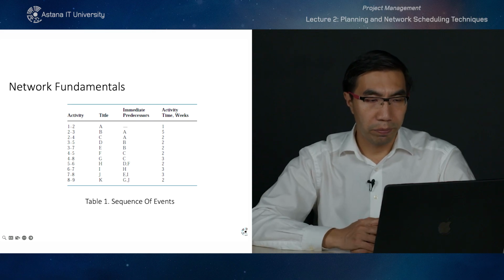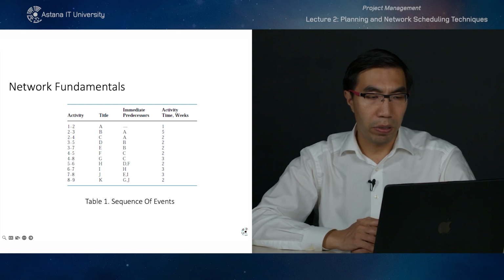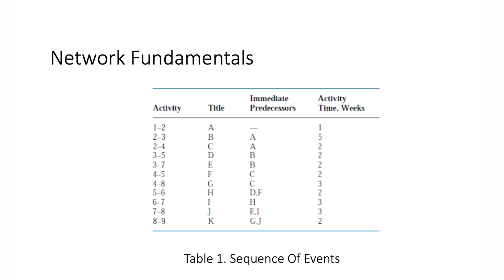You'll also need a table where you will check the sequence of the events. We have 4 columns. In the first column, which is activity, you can understand the order of activities. Then the title. In this case, we are using letters.